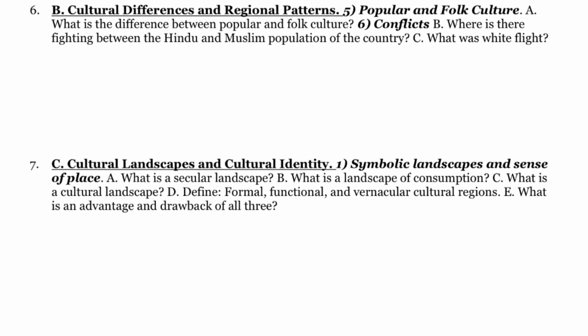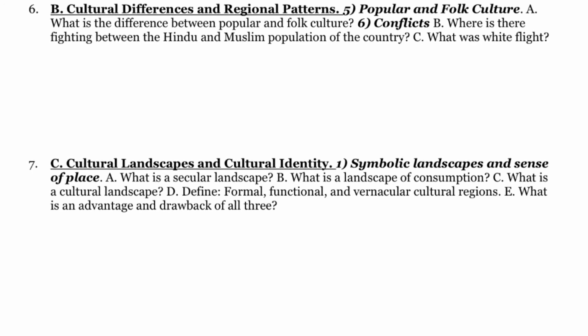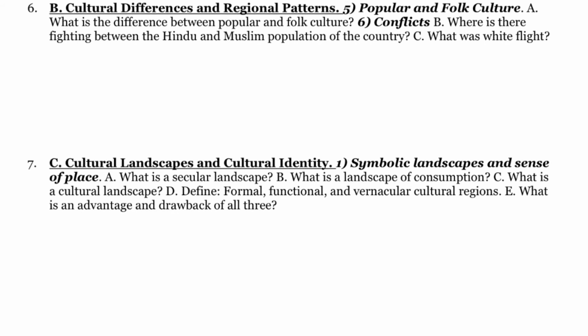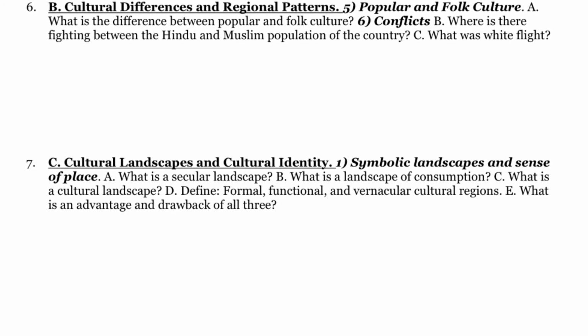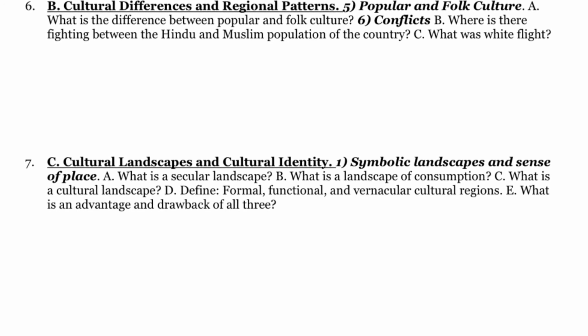These are all shared traits within a region. Examples of a formal region would be like the United States and Mexico border, maybe, because you could see the Spanish language and the shared religion of Catholic religion.